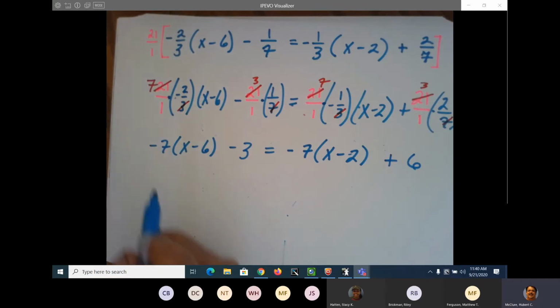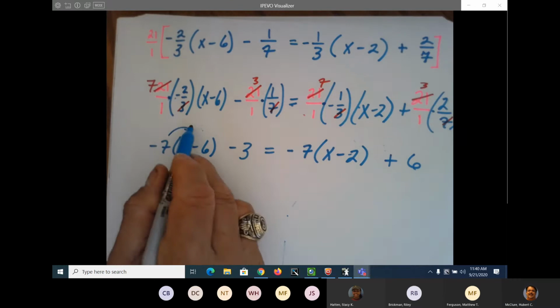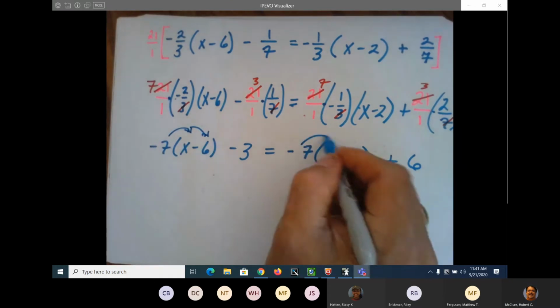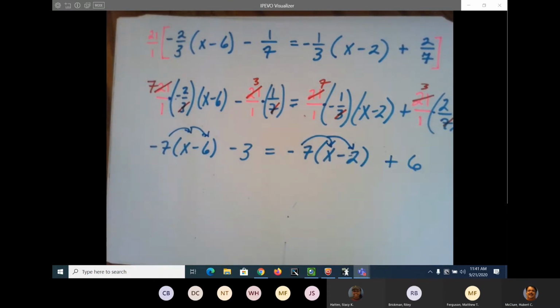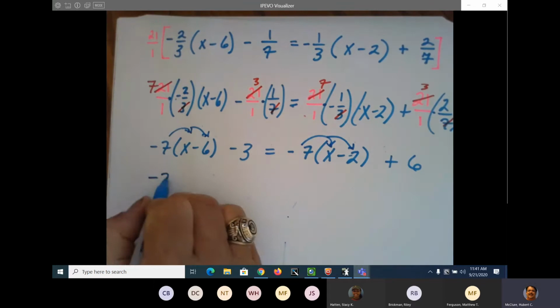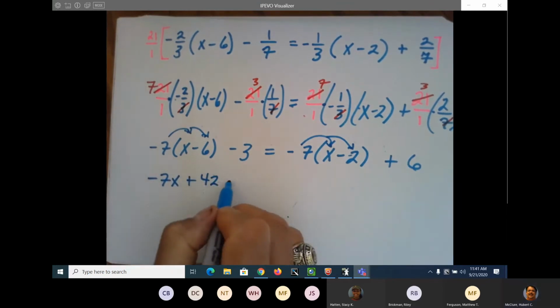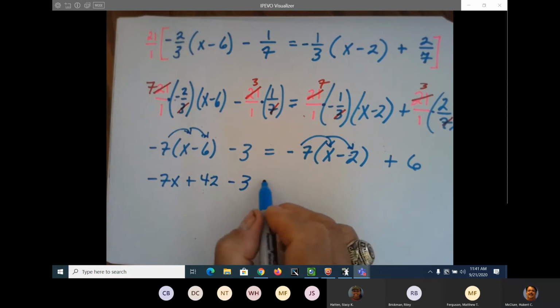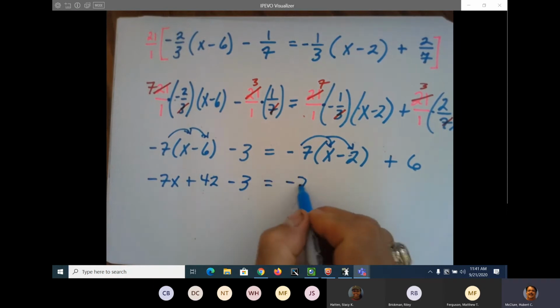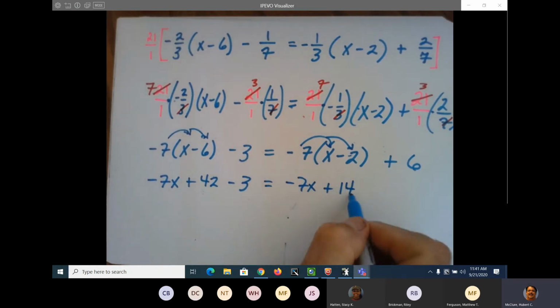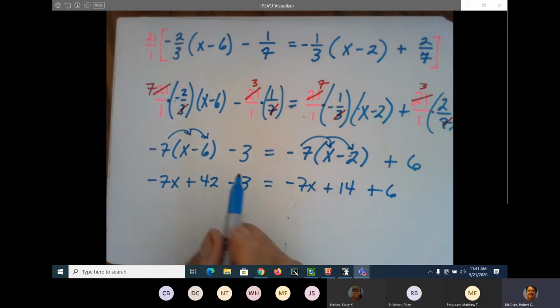All right, so this is going to be negative 7x plus 42 minus 3 is equal to negative 7x plus 14 plus 6.